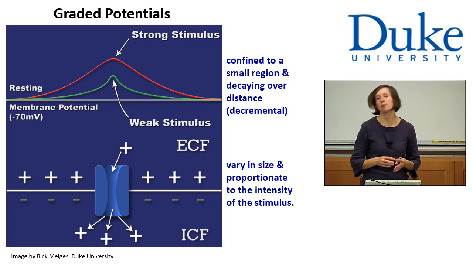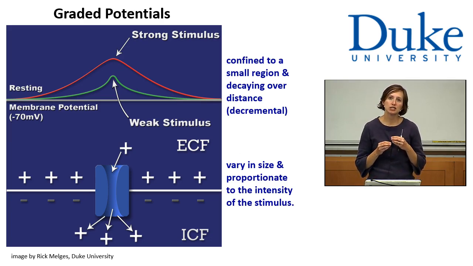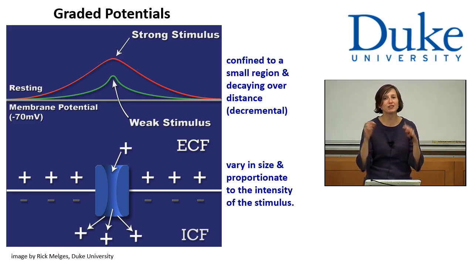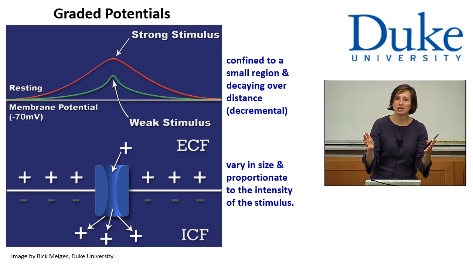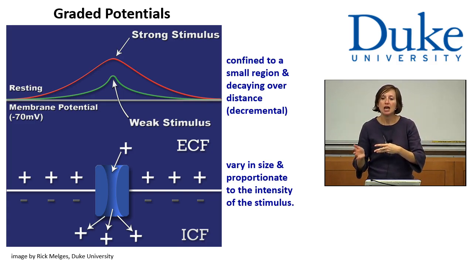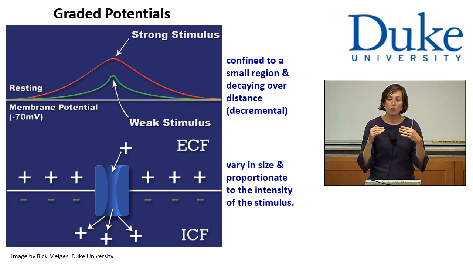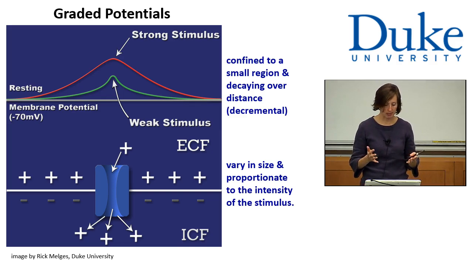We're going to finish up this section talking just a little bit about a type of change in membrane potential. It gets confusing, I think, because we've talked about membrane potential and equilibrium potential. But what we're going to start talking about now are types of changes in membrane potential.